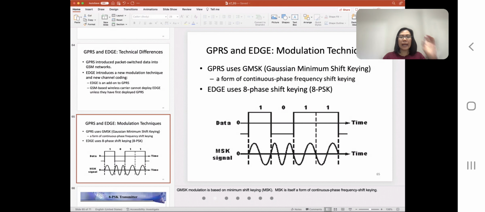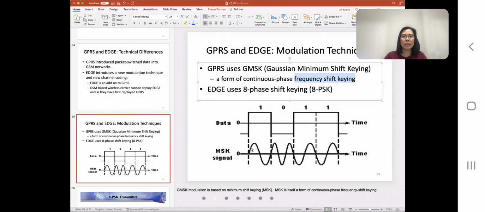GPRS uses something called Gaussian minimum shift keying. This is a form of continuous phase frequency shift keying, so the keyword is frequency shift keying.